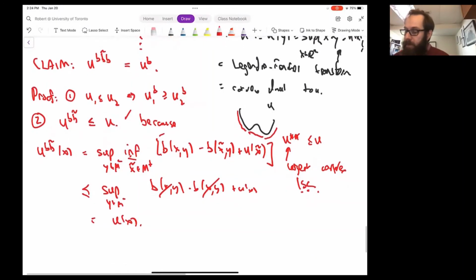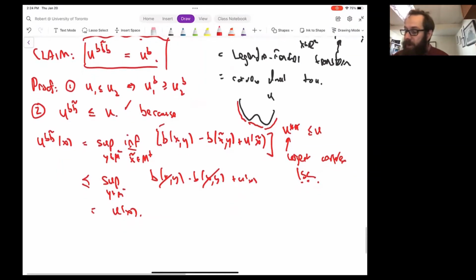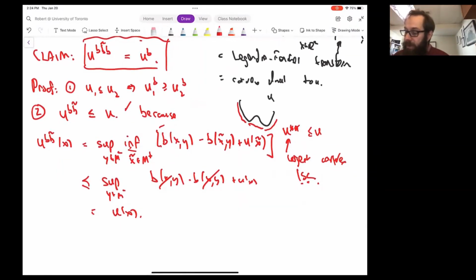And then my claim follows from the combination of steps 1 and 2. So if I apply 1 to 2, I get that U B B tilde B is bigger than UB.